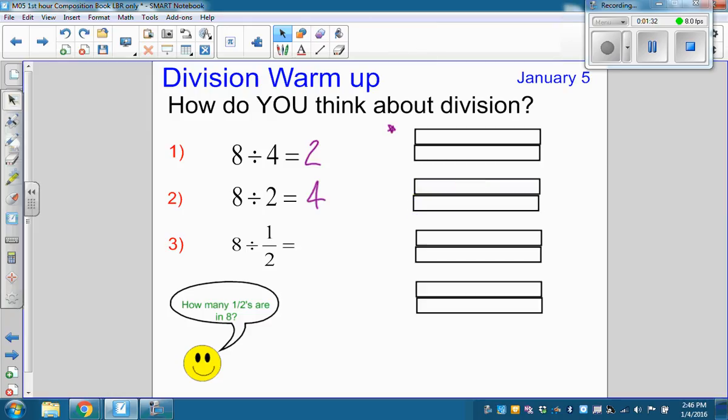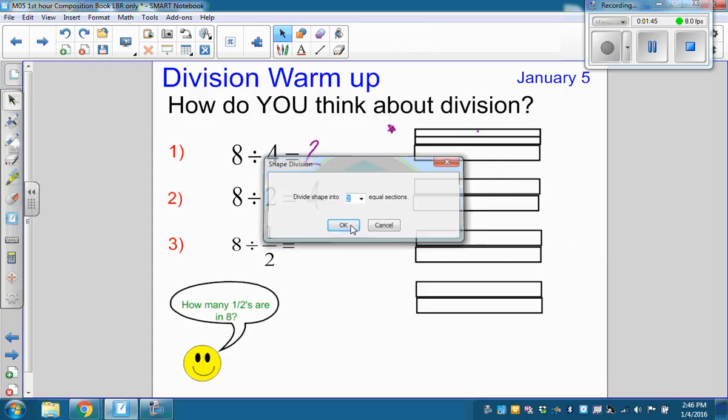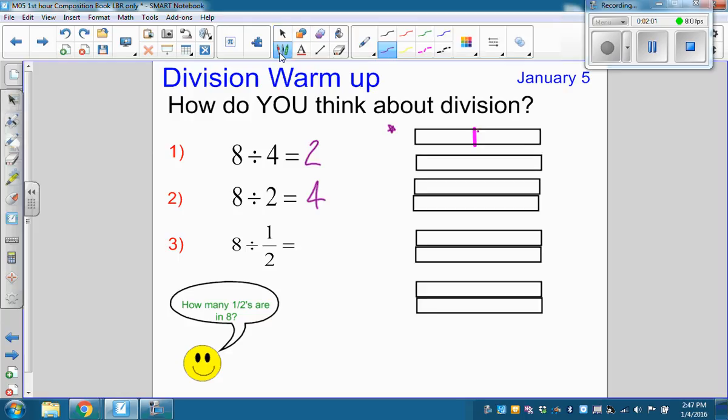But when we do 8 divided by a half, a lot of people have more difficulty with that. So just think about one bar here, and we can always divide that bar into 2 sections. So I'm going to draw it differently. We could divide that bar into 2 sections, going this way. And so this piece right here is a half.